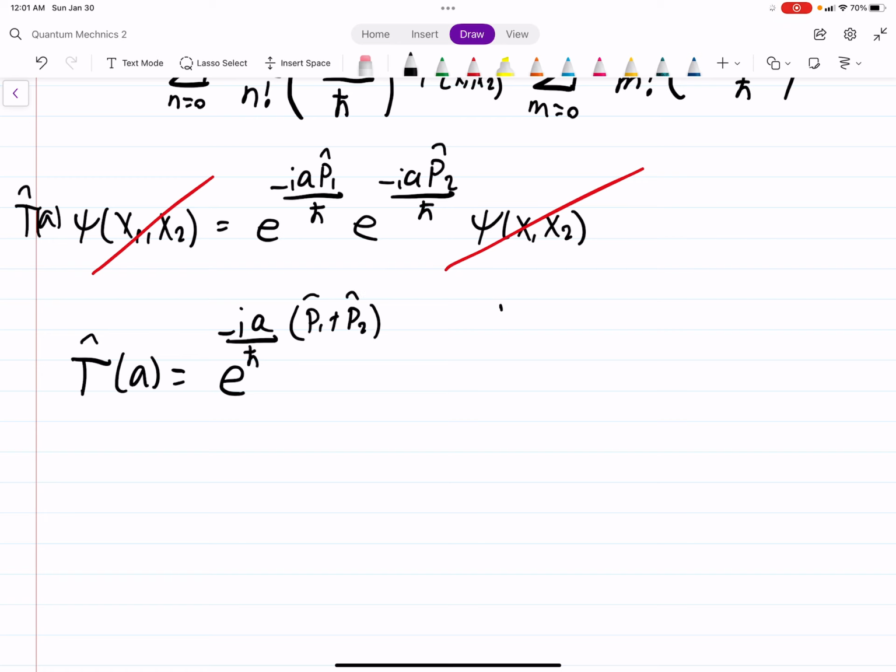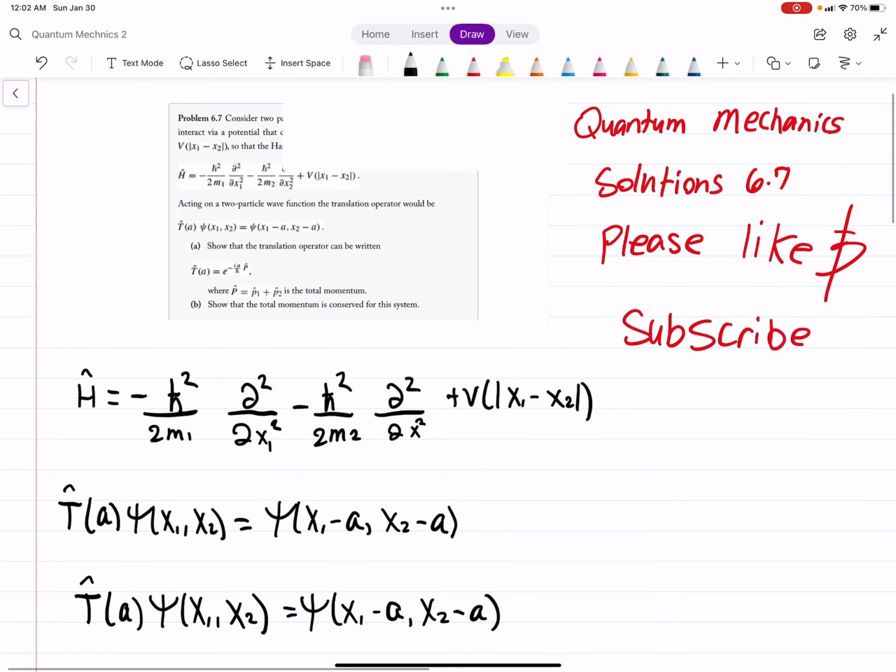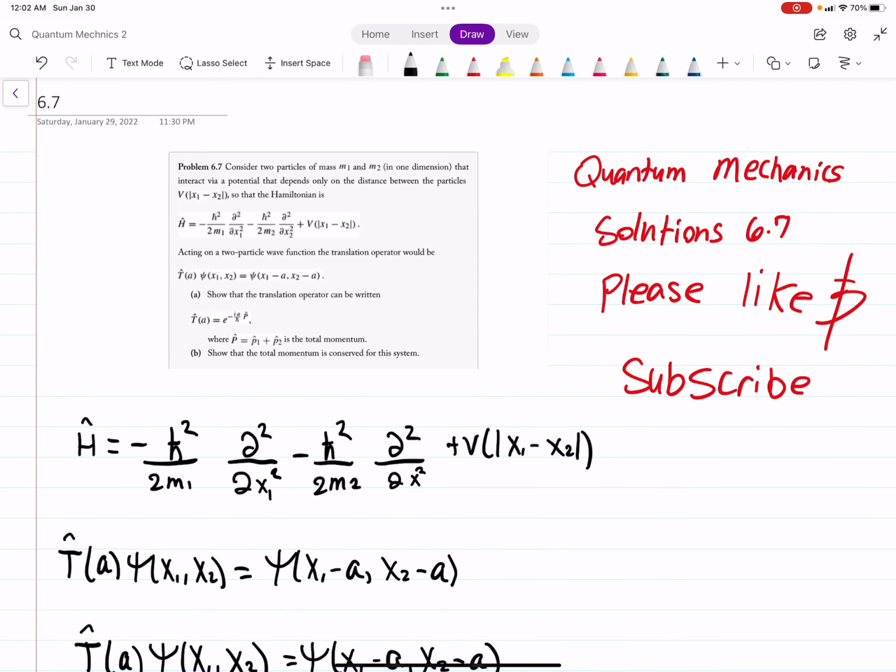And in the question, it was defined that p1 plus p2 is just equal to P. So we showed that our translation operator can just be written as e to the minus i a P over h bar, which is what they wanted us to show.